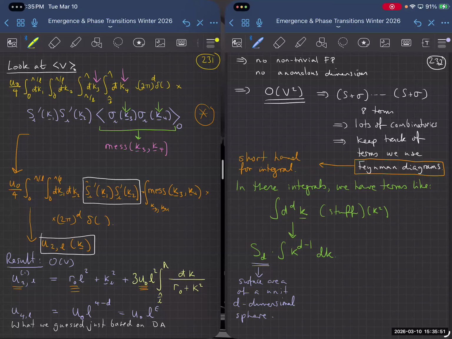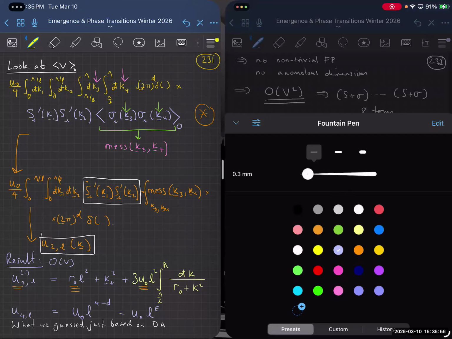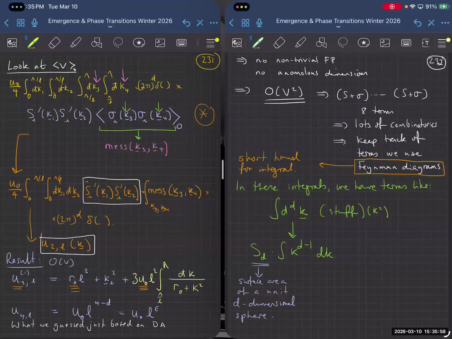So the idea then is that we are going to treat d as a continuous variable.